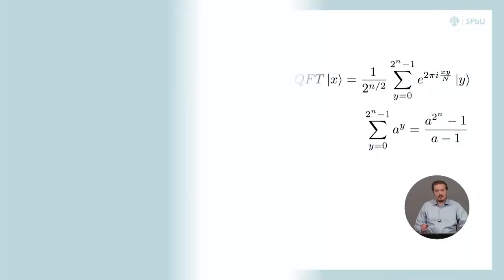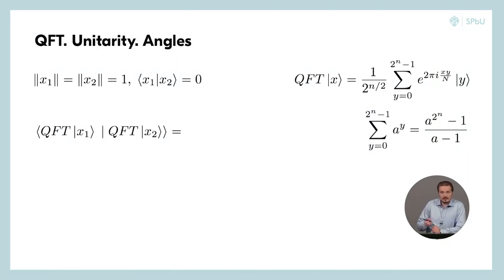Let's see what it does with the angles. Okay, let's see if QFT preserves angles. Now we know it preserves the norm, so instead of the norm here we can write just 1, since we work only with unit vectors in our spaces. And we have two different, orthogonal basis vectors x1 and x2, and we apply QFT to them, and we see what happens to the dot product.